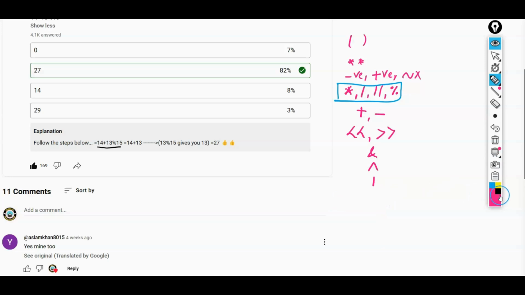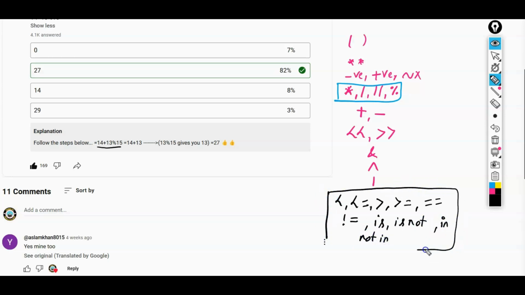Then comes less than or equal to, greater than or equal to, double equals, not equals, is, is not, in and not in. All these together have the same precedence, one after the other.